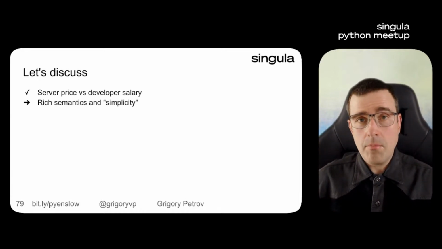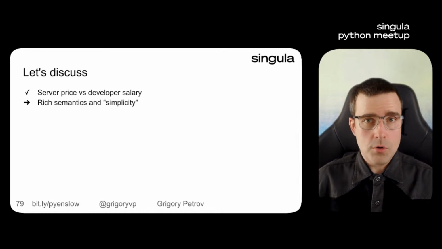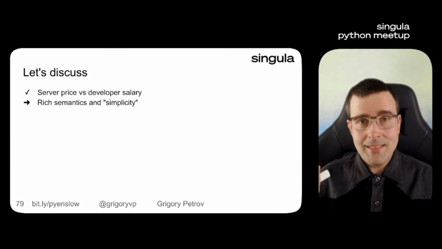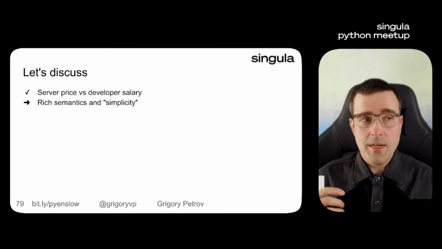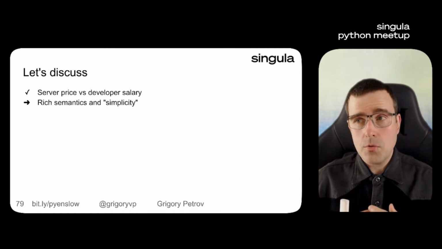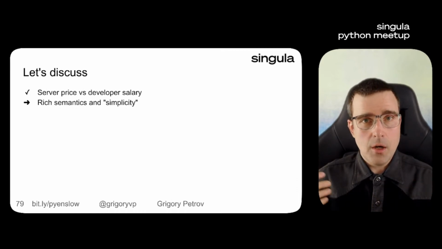For example, Ruby is also a very semantically rich language, but the syntax is complex, it's hard, it's not for new developers, but for experienced developers. Such syntax allows us to write less code faster and with more meaning.